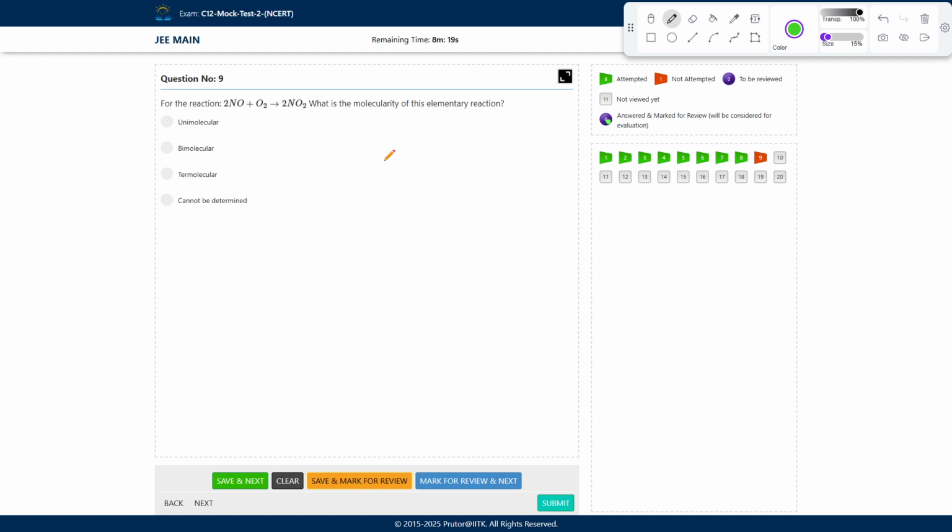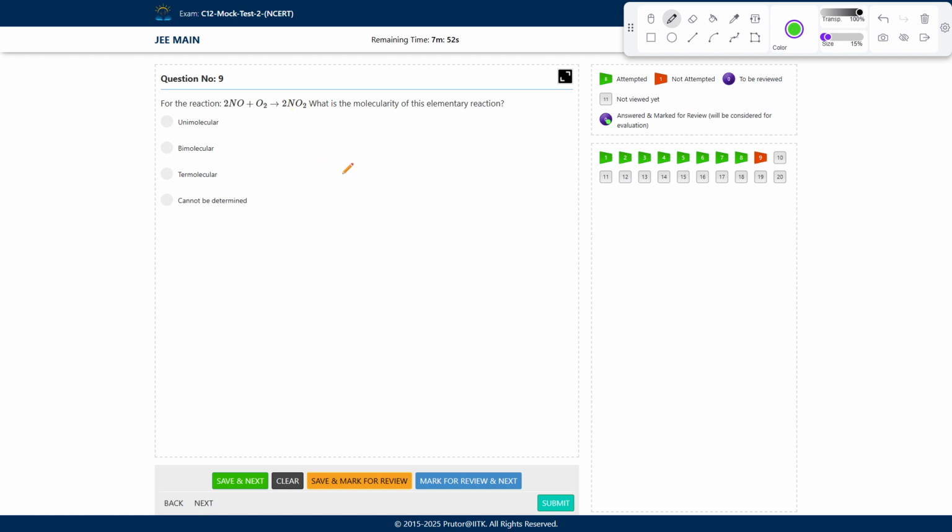The question is that you have to tell the molecularity of this reaction. As we have just discussed, molecularity is defined as the number of molecules that are undergoing the process of effective collision to give us the suitable product, right? So here in this reaction, two reactants, that is two NO molecules and one oxygen molecule, are going to collide with each other.